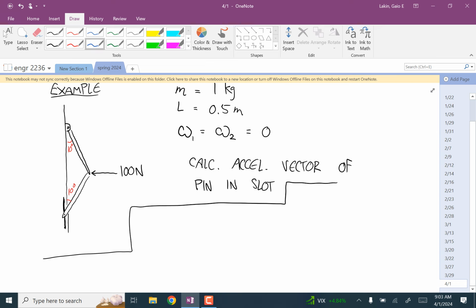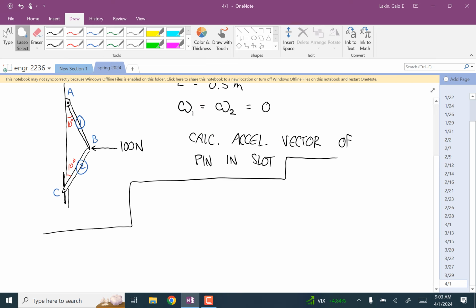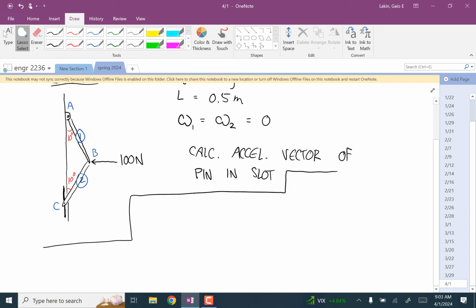Let's start out by numbering the members. I'll call it 1 and 2. I'll call these joints A, B, and C. And so to start with, we're just going to do the rigid body analysis of the two bodies.